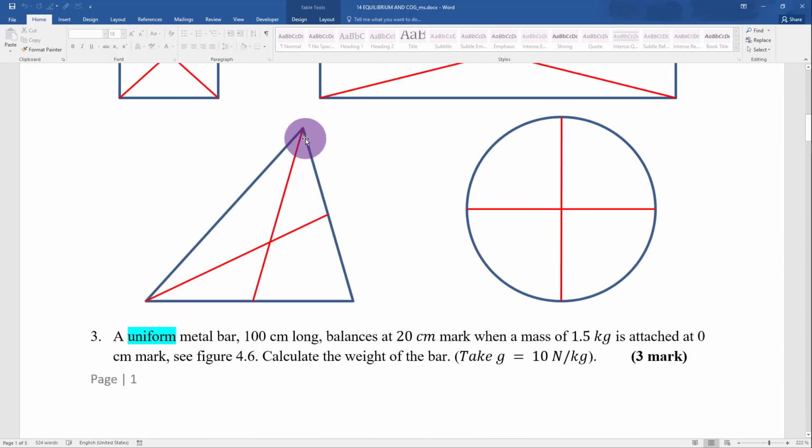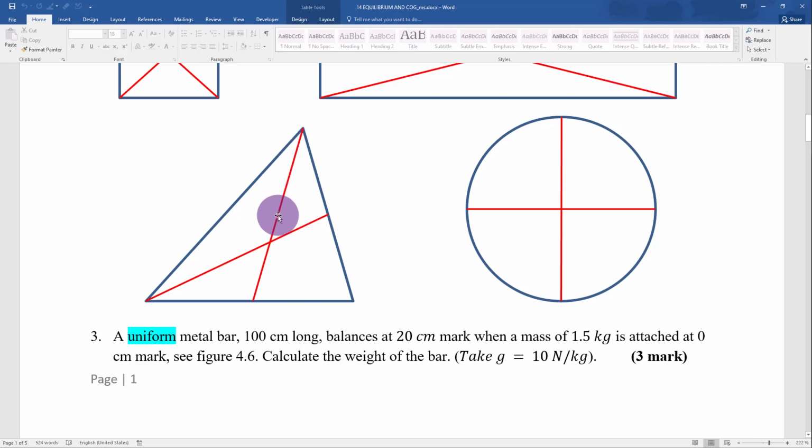You divide this length by 2, exactly by 2, so that this point is at the midpoint of this length, and then you join this point to the apex of the triangle on the opposite side. You repeat with this other side here. You divide it by 2, and then you join that point again to the opposite apex.